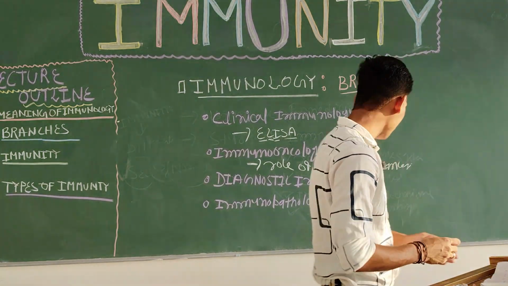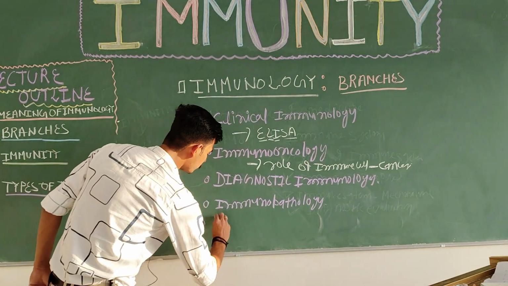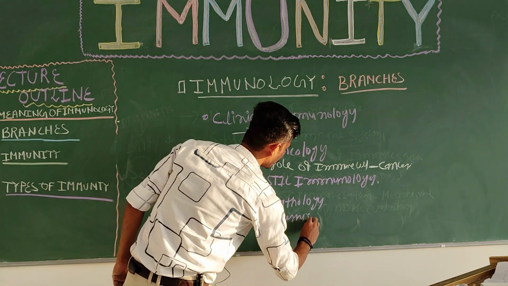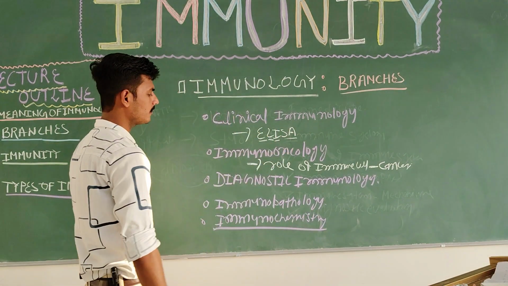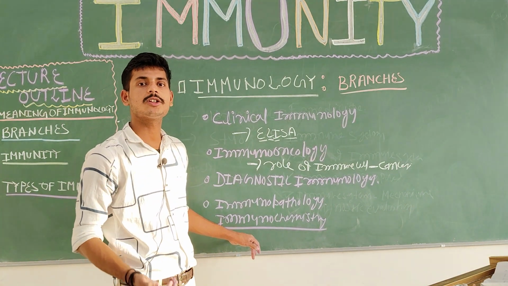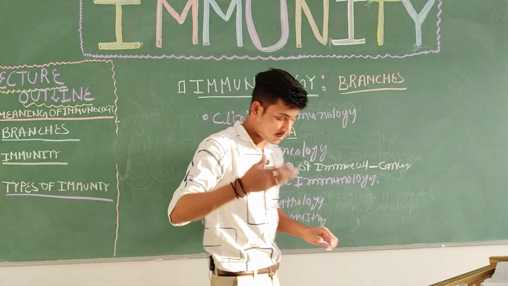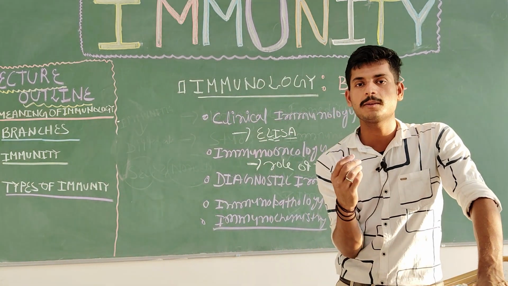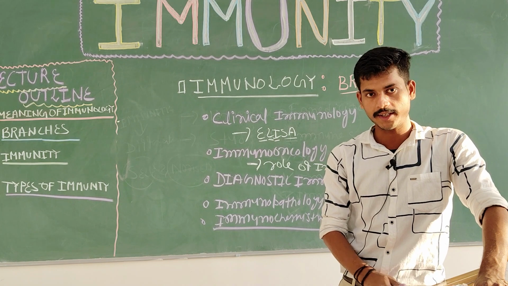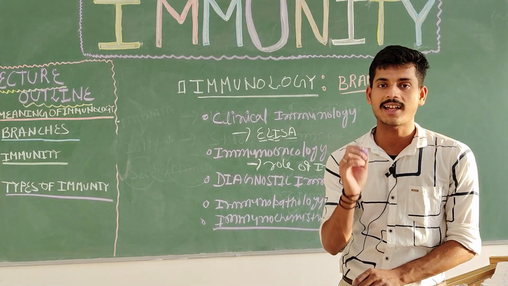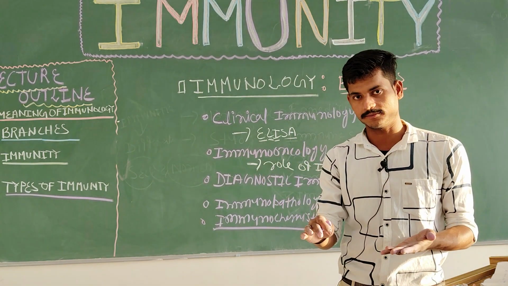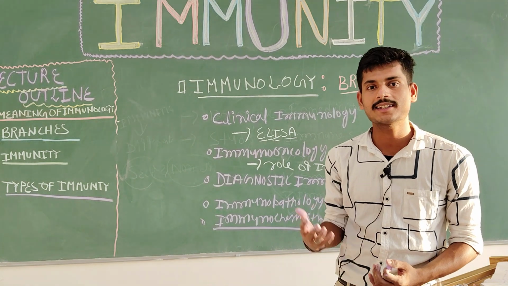Then we have immunochemistry. In this subfield of immunology, we are specifically studying the chemistry of immune cells. You have probably seen or heard that different types of antibodies are produced in our body, and all these antibodies have a characteristic chemical configuration; they are bound by various chemical bonds.